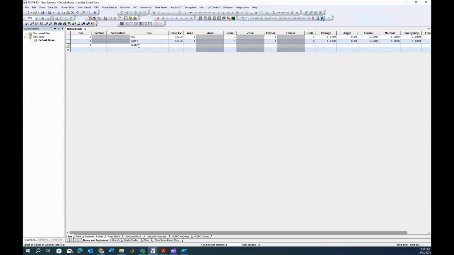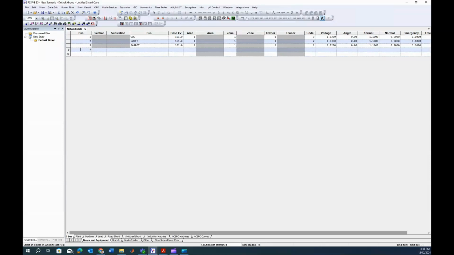The voltage level of this bus is 161 and area is 1 for us. Zone number you don't have to enter. If you want the default numbers to be filled automatically, then after you enter this 3 here, you can press down and all the numbers will be auto entered. Then the only thing you need to change is the bus code, that is 2 here, and the voltage you can take as 1.02. Angle you don't have to choose.